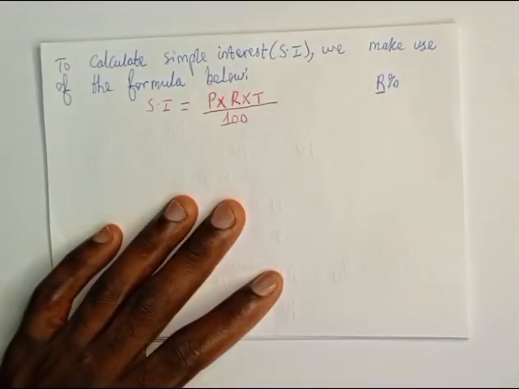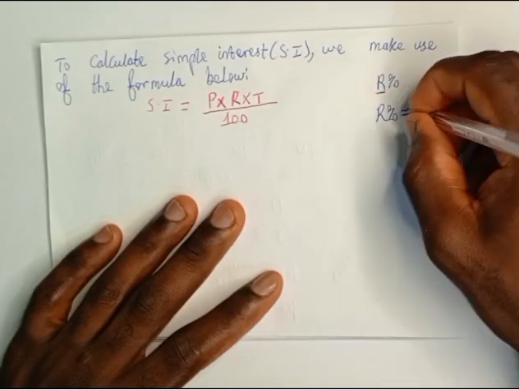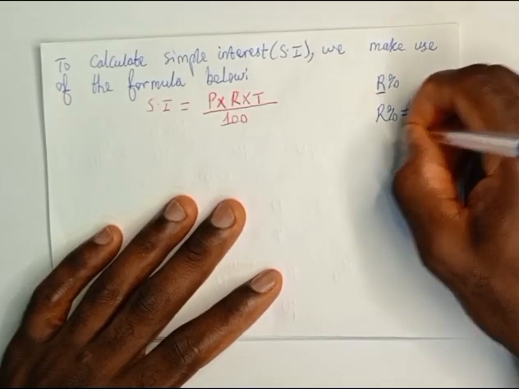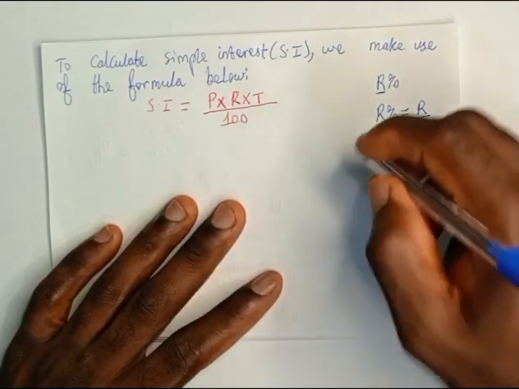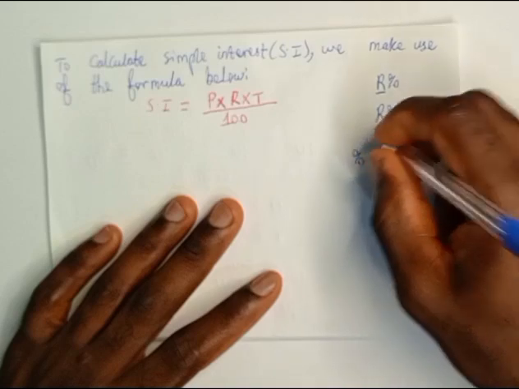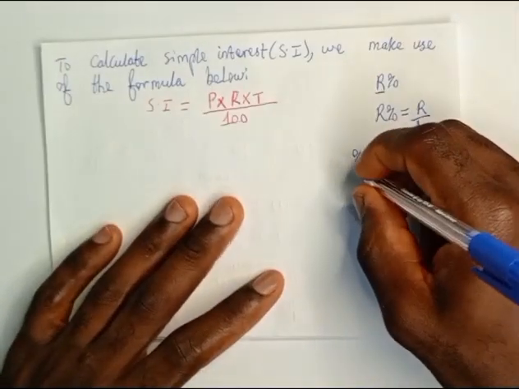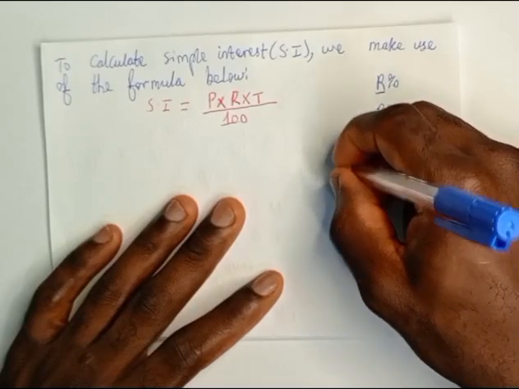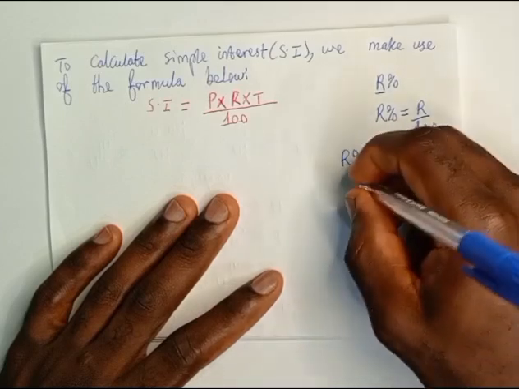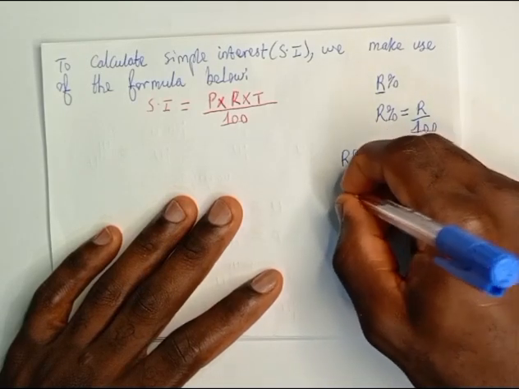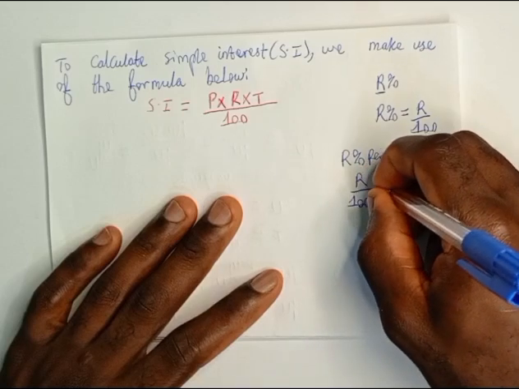The reason why we are dividing by 100 is simply because R% is simply the same as R all over 100. That's the reason why we have 100 in the denominator here. Then the rate is always given as percentage per annum, per year. That means R% per annum is simply the same as R over 100.